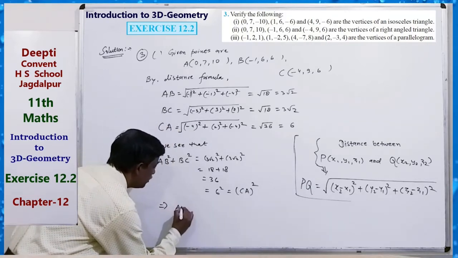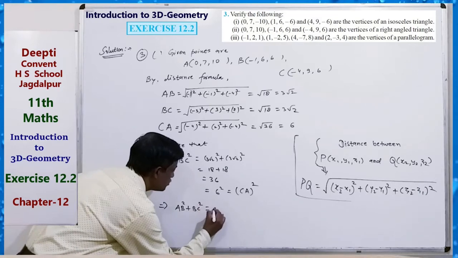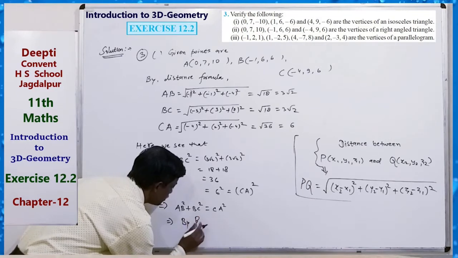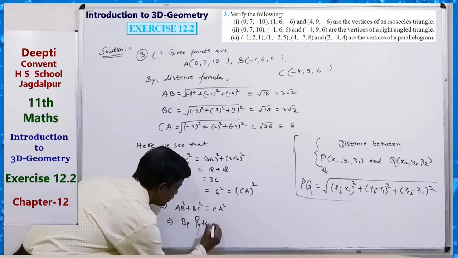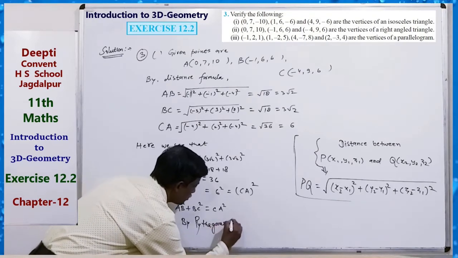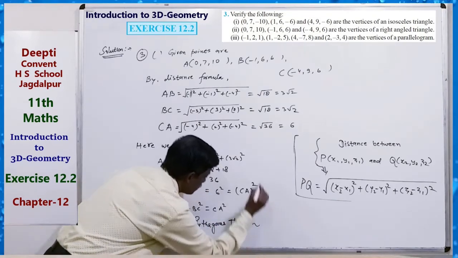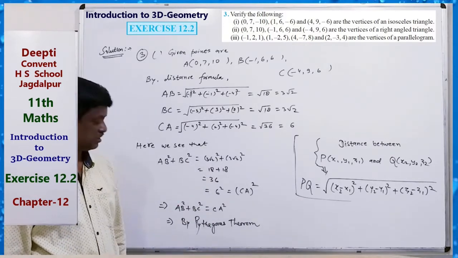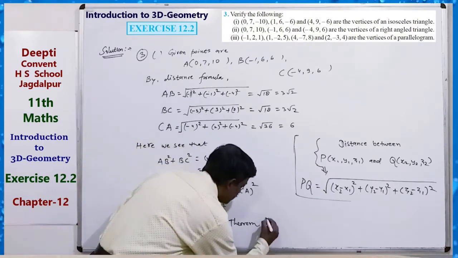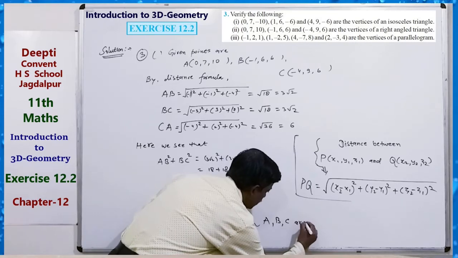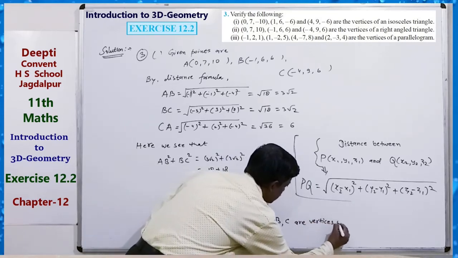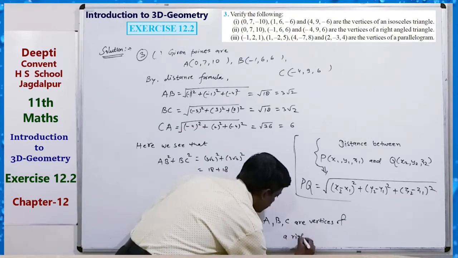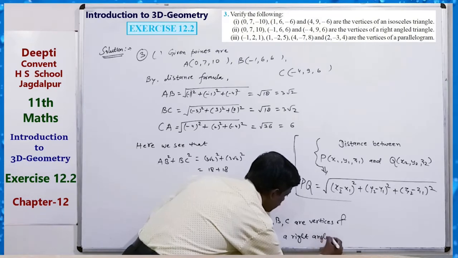This implies AB square plus BC square equals CA square. By the Pythagoras theorem, the square of one side is equal to the sum of the squares of the other two sides. So by the Pythagoras theorem, A, B, C are vertices of a right angle triangle.